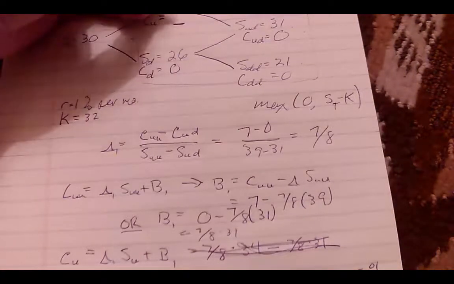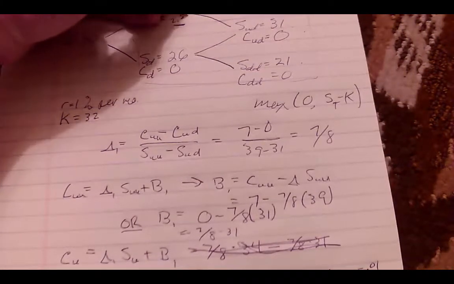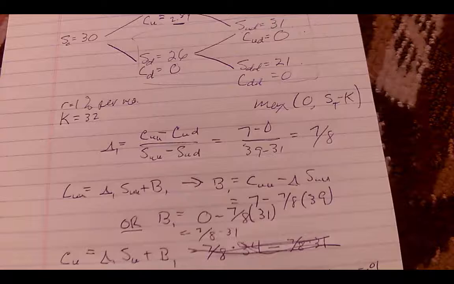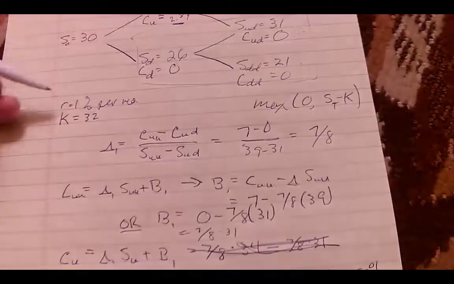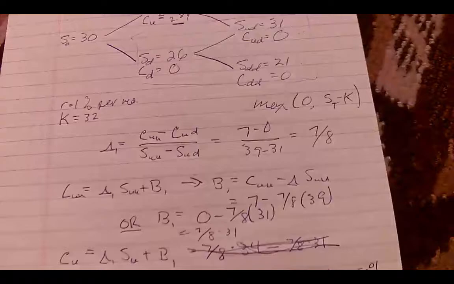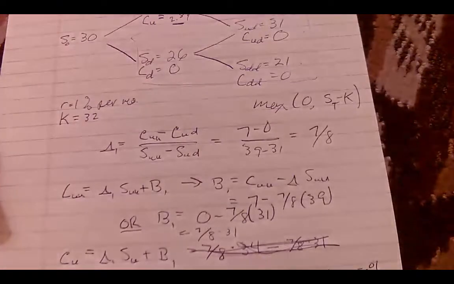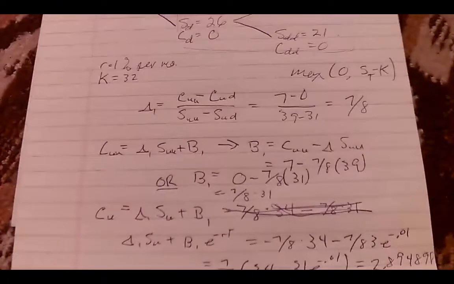So let's put that here, 2.89. Now, if this were an American option, you would check that against the exercise value, which is S minus K, 34 minus 32, which is 2. Indeed this is greater than 2, so it checks. It's a European option, so we don't need to do that.